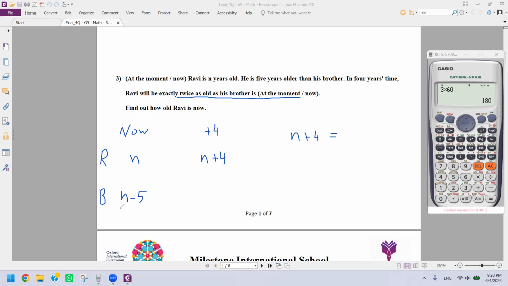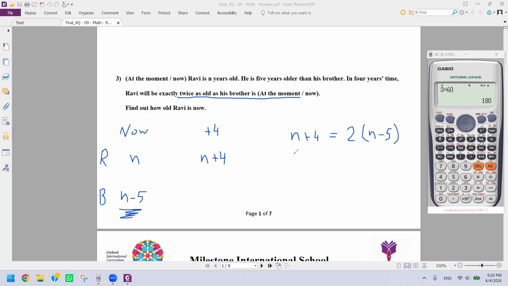So twice his brother now. Not plus or minus. So Ravi after 4 years will be twice his brother's age now.